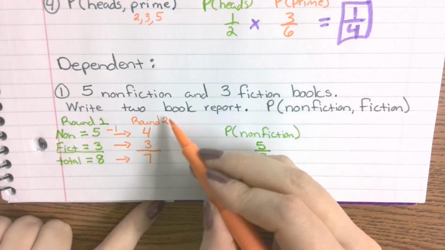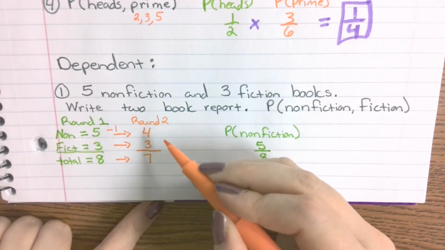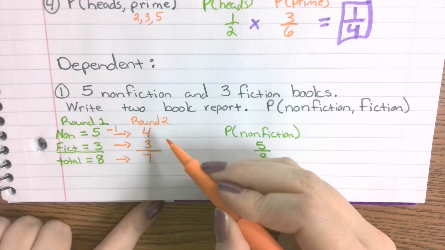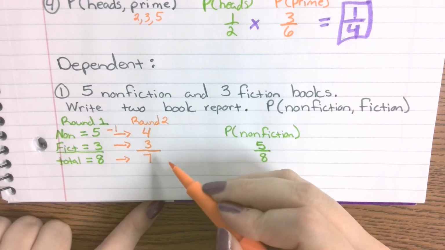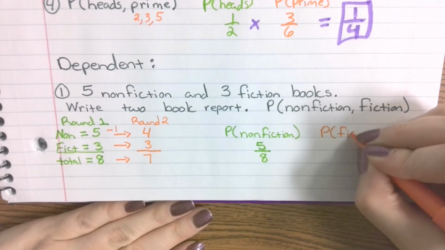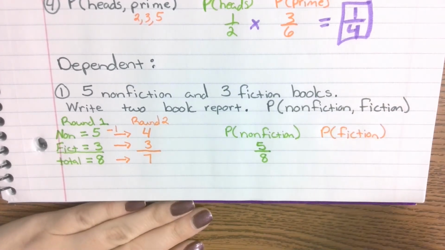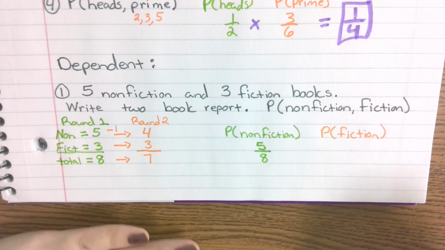So now for round 2, I'm going to base my probability off of the 4 nonfiction, the 3 fiction, 7 total. So what's the probability that I'm going to choose a fiction book this time? Not 4 over 7. I want fiction. 3 out of 7.